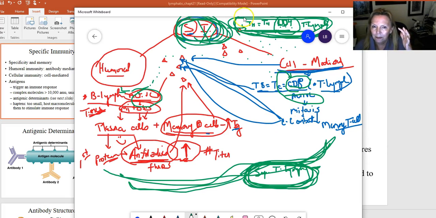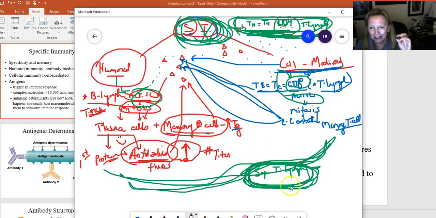These all work. Now this whiteboard looks a little crazy even to me, but I hope you all were following along with this. I hope you understand the two branches of the specific immunity. I hope you understand specifically which cells are involved in each of them, and also the cells that the entire thing hinges on, which are those helper CD4 cells.